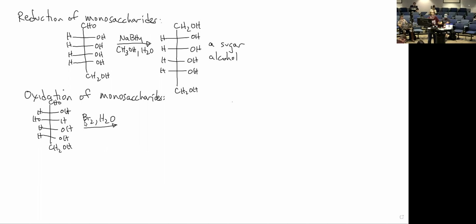And the product of this reaction, I actually honestly have to look each time. This will oxidize the aldehyde functional group to a carboxylic acid and nothing else, which I think is rather surprising that it's that selective. So, you know what, I'd rather write out that carboxylic acid functional group.